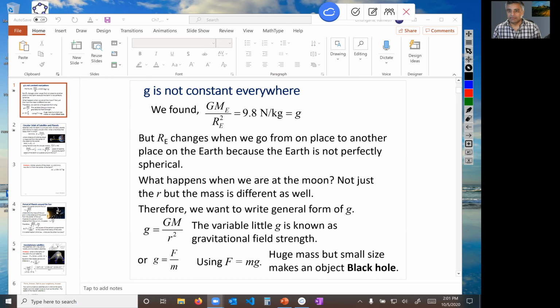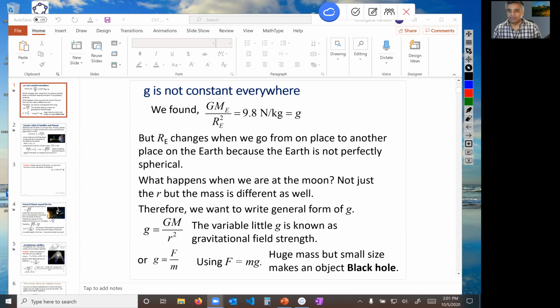Now g depends on these two things, M and R. The uppercase G is a constant. It's just a tiny number, okay? So we need to just look at this. If objects are really large, M is really large, which means g is large. The gravitational field strength is large.